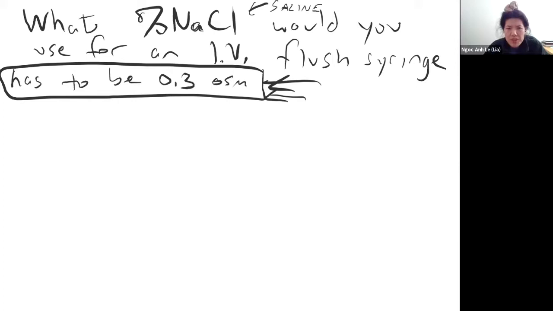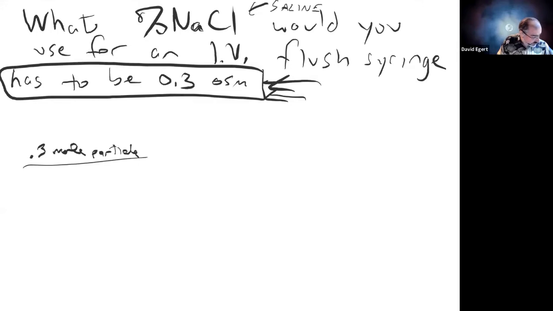It's 0.3 mole of the particle per liter solution. Exactly.